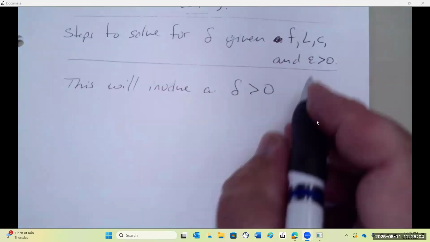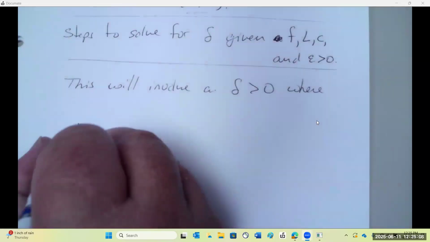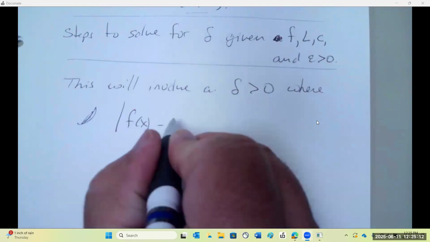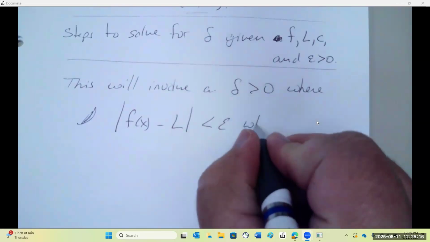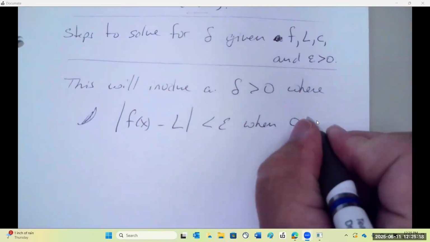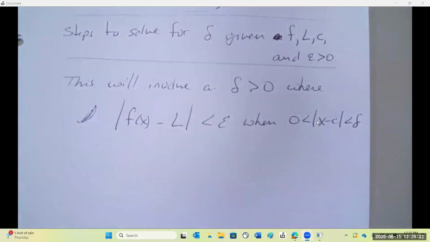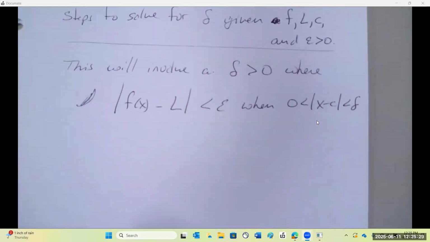This will involve a delta greater than 0, where the limit, the function of f of x minus L is less than epsilon. We're just stating the obvious here.